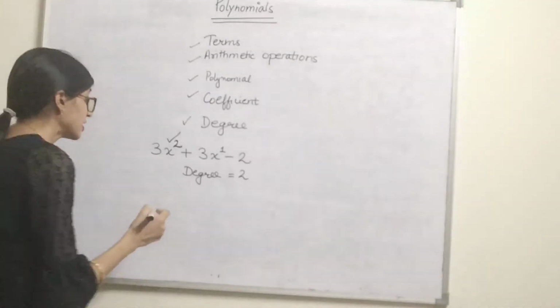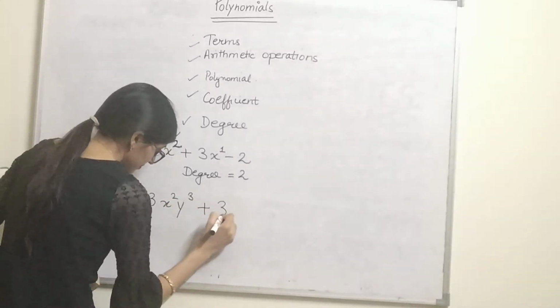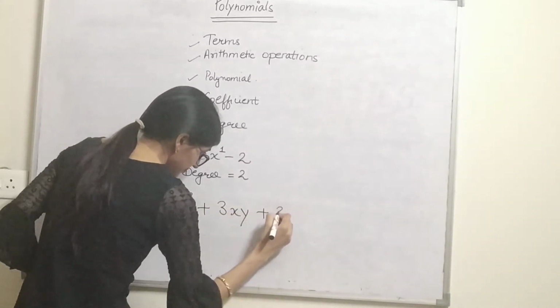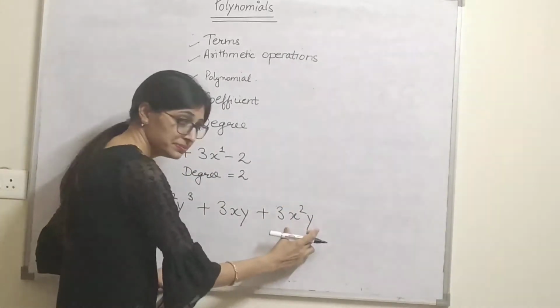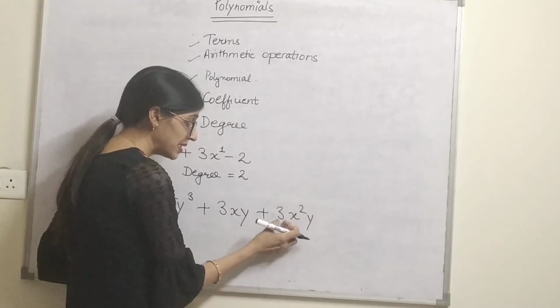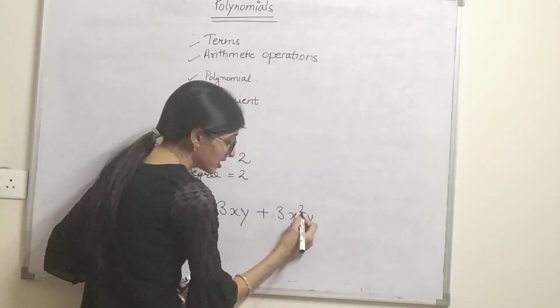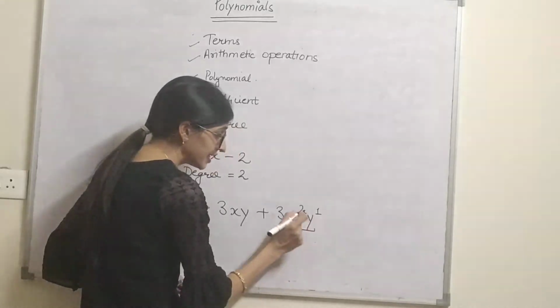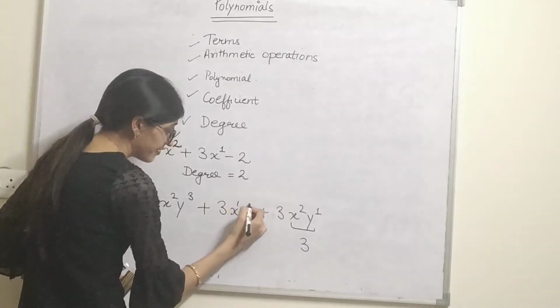Suppose we are given an expression like this. Here this is a term consisting of variables and constants. In this term, x raised to 2, y raised to 1. What is 2 plus 1? 3. x raised to 1, y raised to 1.